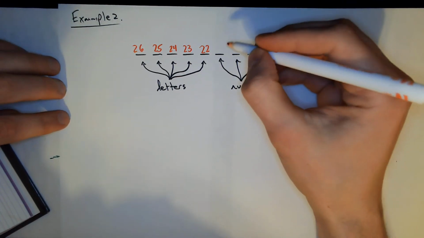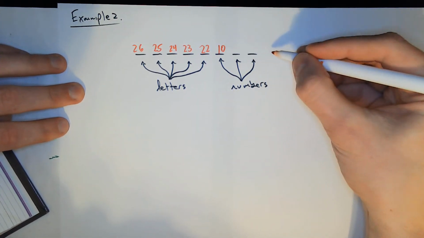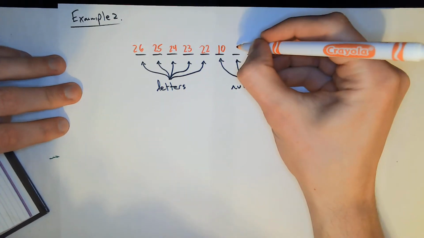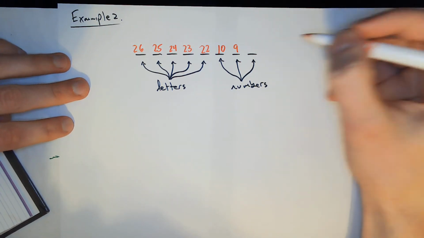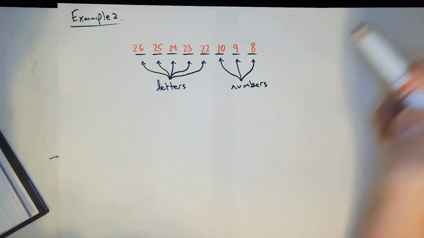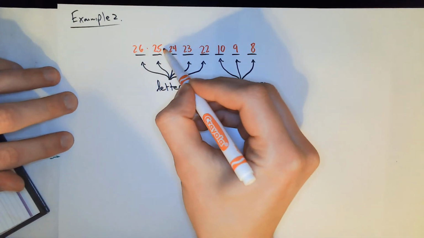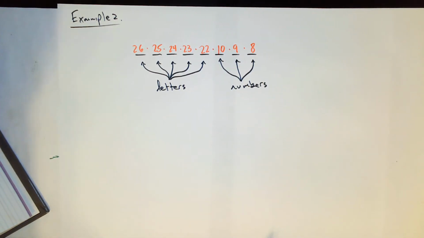How many numbers do you have? First choice, you have all 10. But then you've used one. So you see a similar thing is going to happen here. You've used one. Now you have 9 choices. Next position, you've used 2 now, so now you only have 8 choices. There it is. You take the product of all of these. That's going to be your answer.